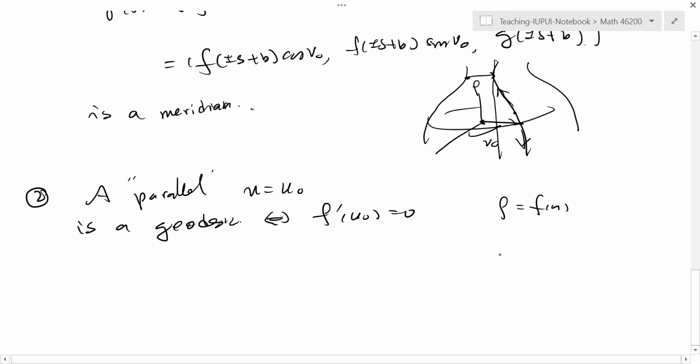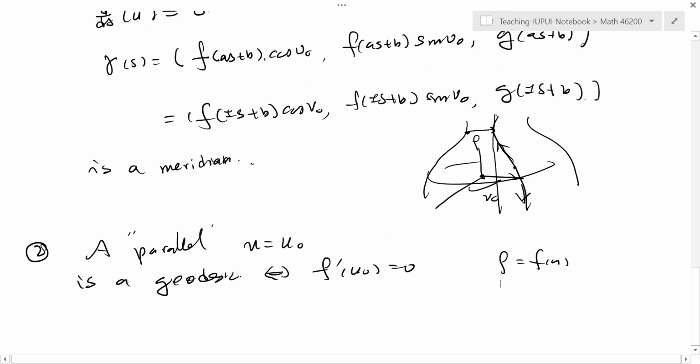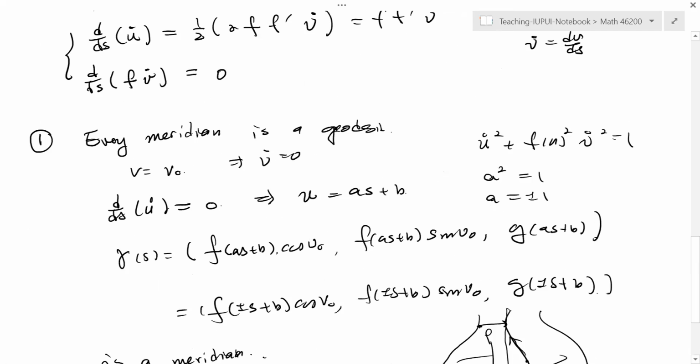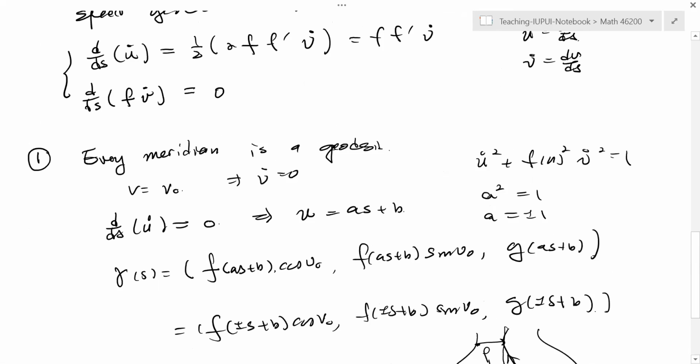So let's look at this first, before I try to understand. Look at the above equation, right?